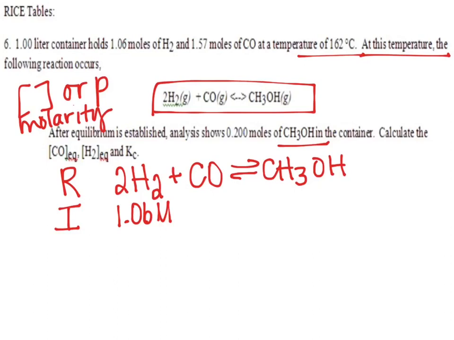My initial concentration of my carbon monoxide is 1.57 moles in 1 liter, so that would be 1.57 molarity. The initial concentration of my CH3OH: nothing's been made of it, so it is 0.